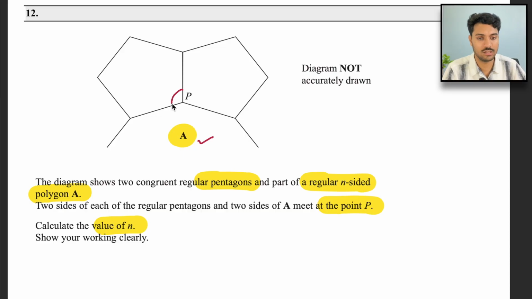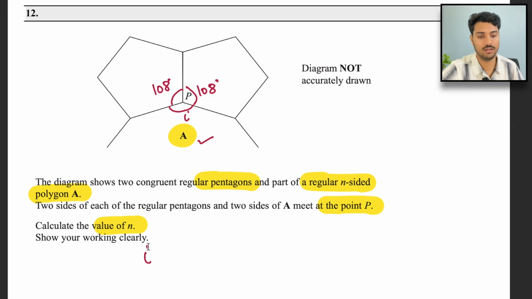So this is going to be 108, and this is going to be 108. We have already calculated the angle sum property of a pentagon many a time. We can find this now. Interior angle I of a regular polygon A with n number of sides.